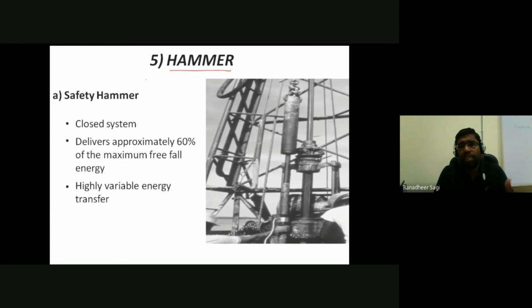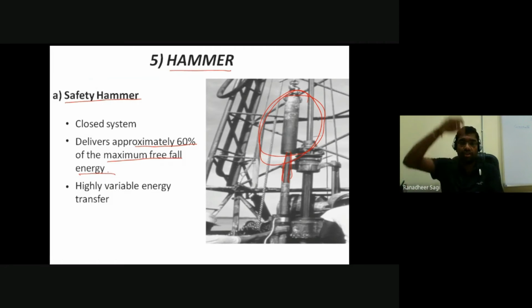So we have typically different types of hammers available. Let's say this is one type of hammer, called a safety hammer. Look here, this is the hammer I am talking about, which is connected with a setup called a guiding rod. So your hammer cannot swing. It has to move only over the surface of that guiding rod while you are lifting it and dropping it. It is found that this type of hammer delivers approximately only 60% of the maximum free fall energy.